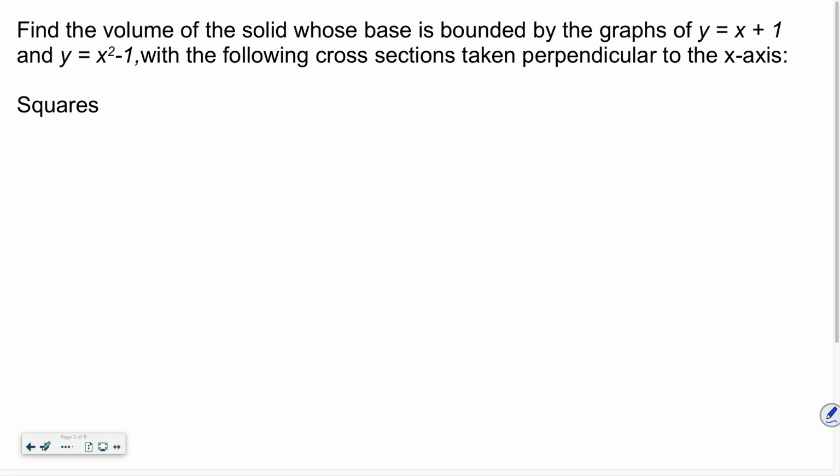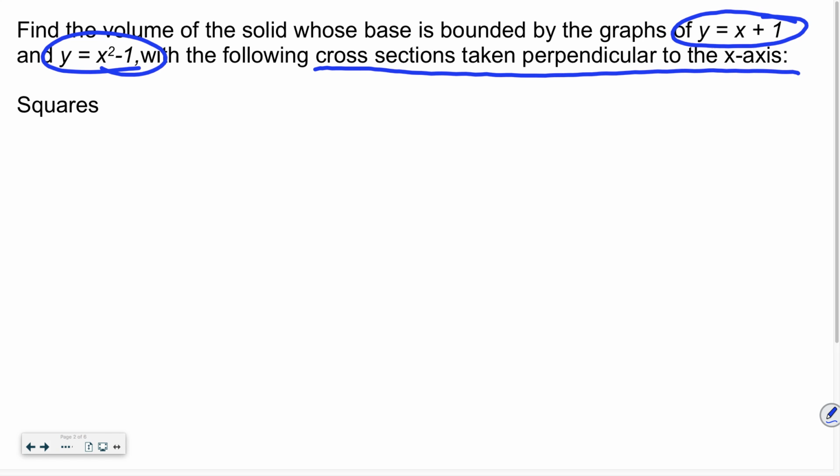So what I want you to go ahead and do is write down the region. y equals x plus 1 and y equals x squared minus 1. Also write down cross sections perpendicular to the x-axis, so you know that we're setting them up in terms of x.